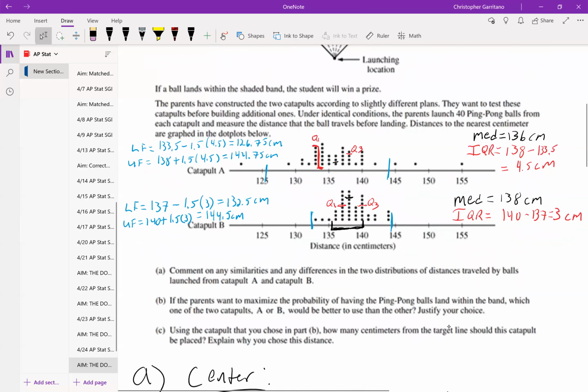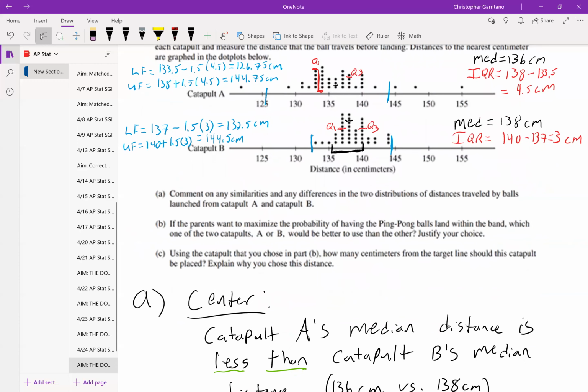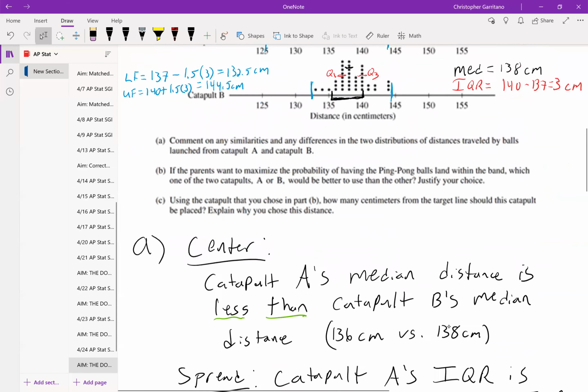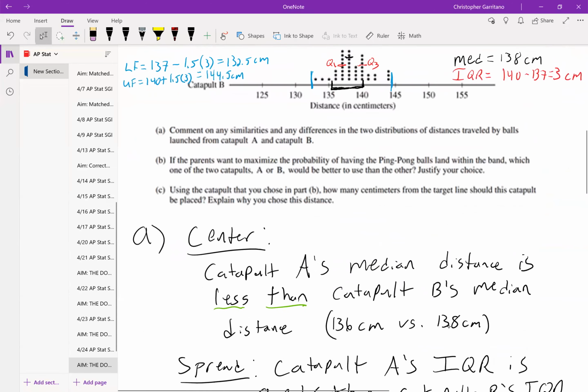All right, so here's what I wrote. Since we're describing quantitative distributions, we want to touch upon center, spread, shape, and unusual features. For center, I said something very simple: catapult A's median distance is less than catapult B's median distance. I underlined "less than" because that is the compare word.